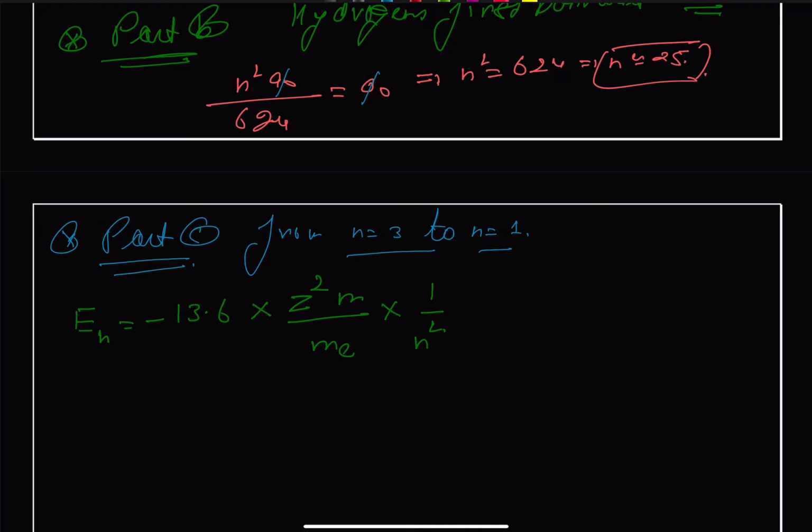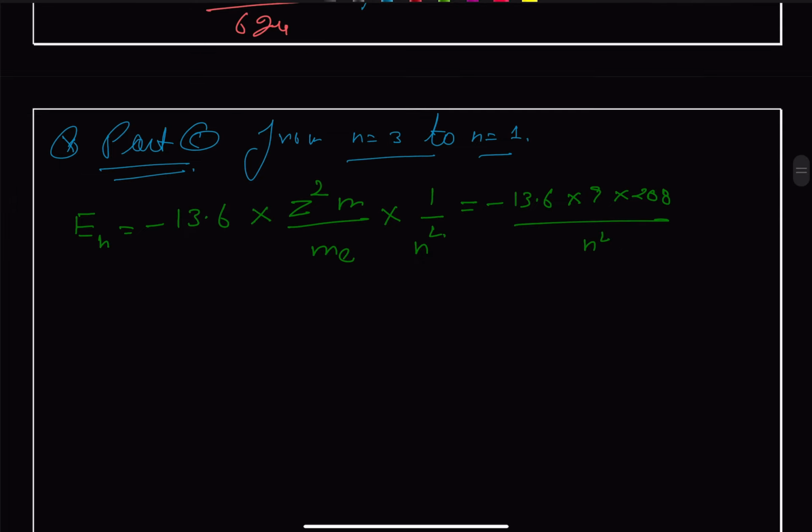and value of m and m e is already known to us, and value of z is equal to 3. So we substituted, this comes as minus 13.6, z is 3, this comes as 9. Relationship between m and m e is the ratio is 208, and divided by n square.